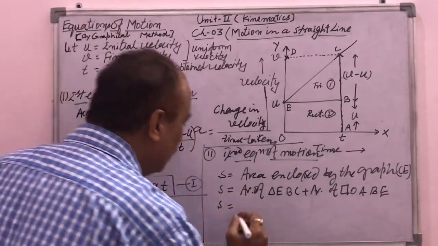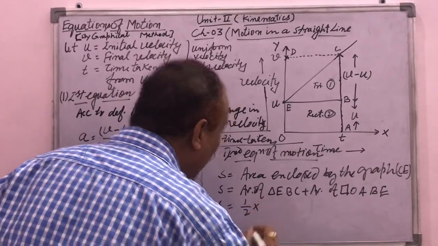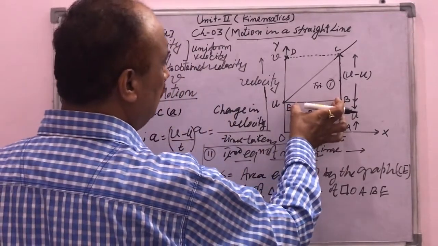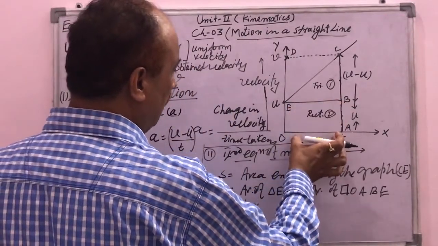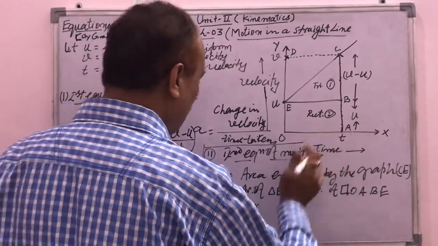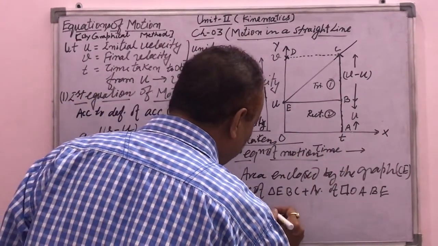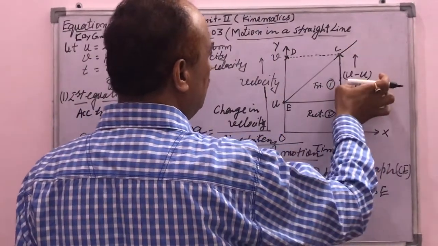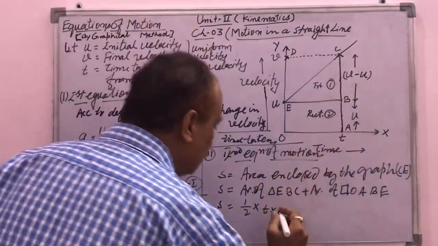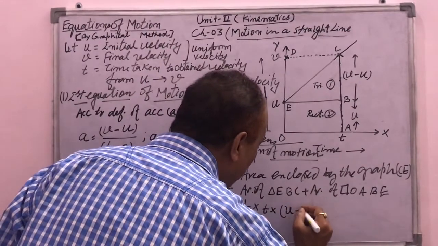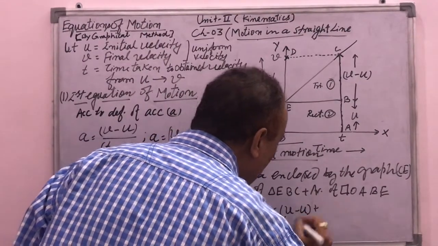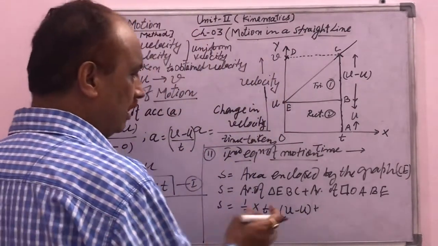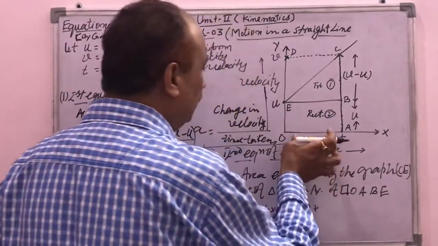Area of the triangle is given by the formula 1/2 base into height. The base is EB, and EB is equal to the time taken from 0 to t. So it is t into the height BC, and BC from the graph is v minus u. So we put v minus u here. This is the area of the triangle. Then the area of the rectangle is length into breadth.